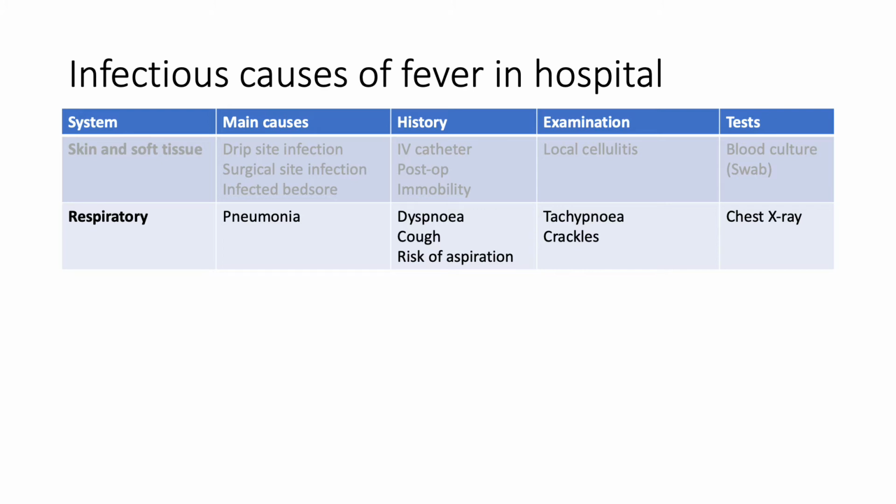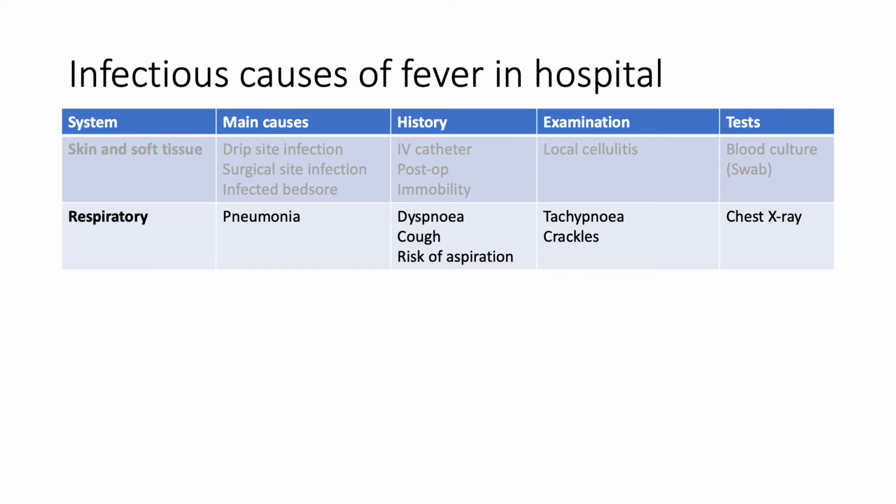So moving on to the next system, which is the respiratory system, really the number one dominant cause of an infection in this system is pneumonia, so inflammation of the lung parenchyma, caused by a pathogen, either bacterial or viral, and in hospital most commonly bacterial, and the bacterial causes are the same ones that we find in the community, like pneumococcus, Staph aureus.